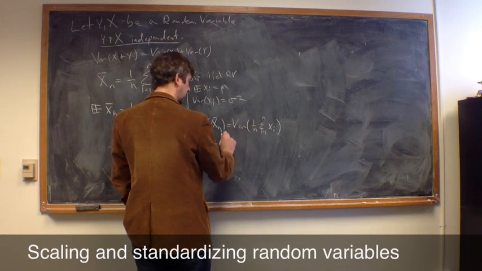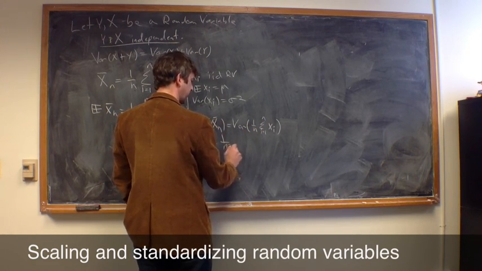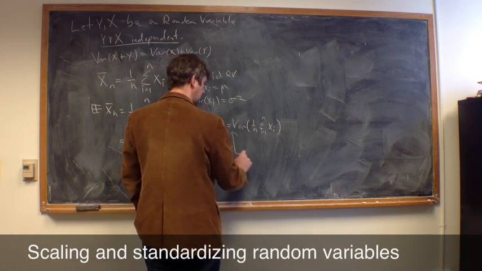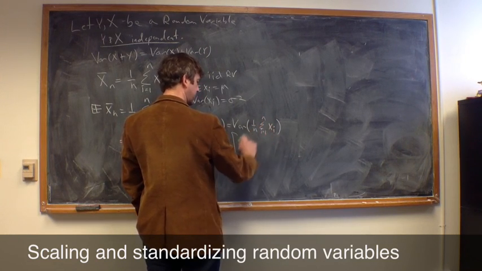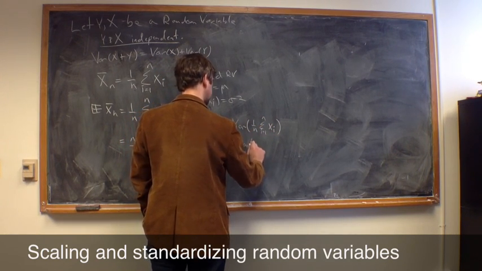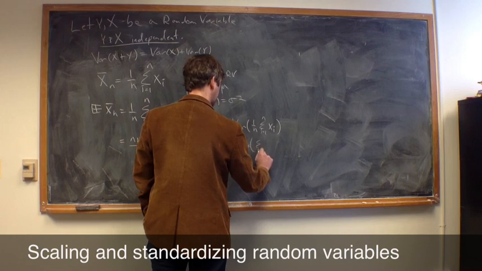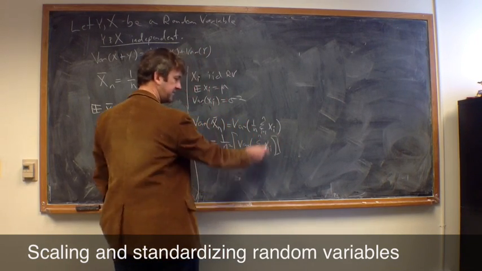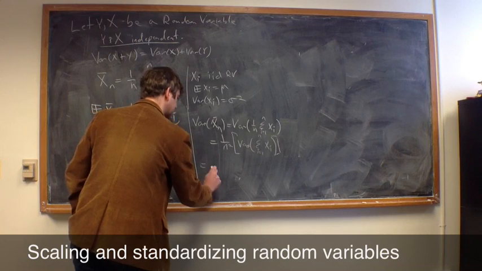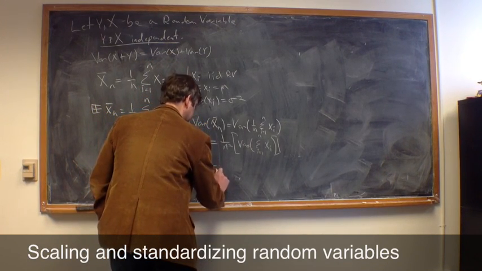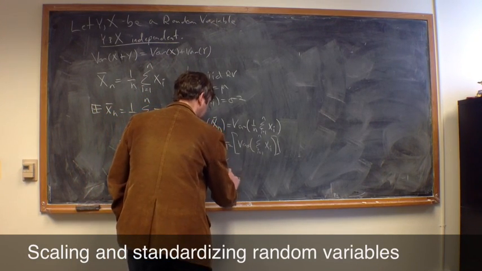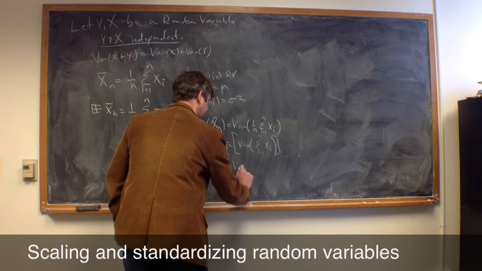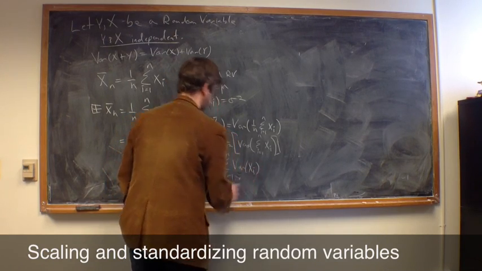And now I'm going to pull out the n, and when you pull a constant out through a variance, it becomes squared. And now, since these are independent, I have just the variance of the sum, i equals 1 to n of x_i, which is just the sum of the variances. So that's 1 over n squared, the sum i equals 1 to n of the variance of x_i.